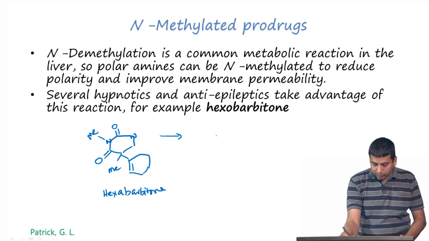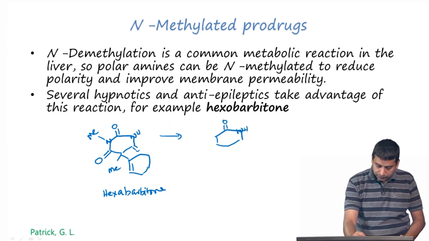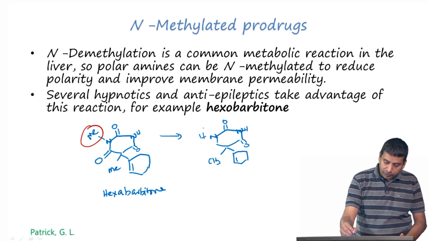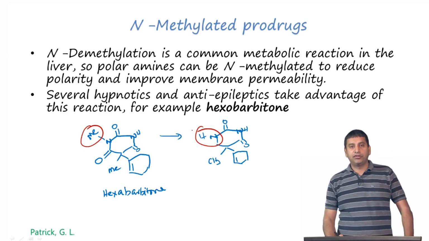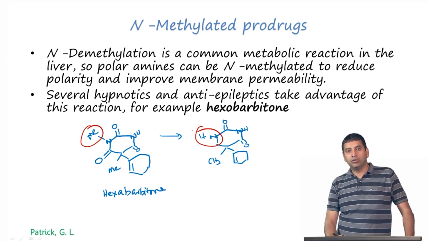Now it undergoes metabolism to give you the active derivative. If you see here, the methyl group has been removed and you actually get an NH. Okay. So, this is an example of how demethylation can be used for generating an active drug.